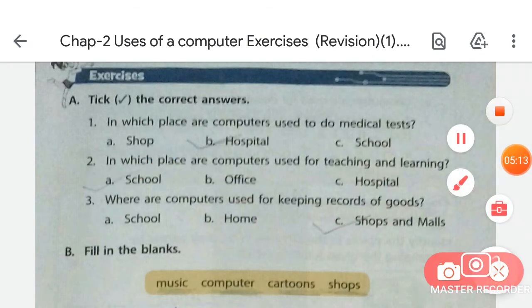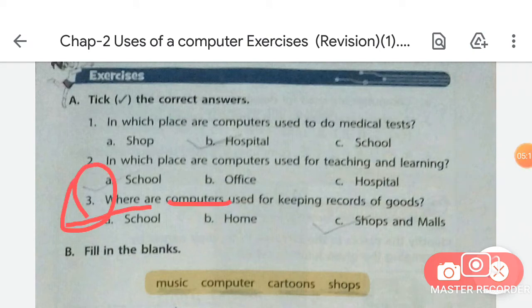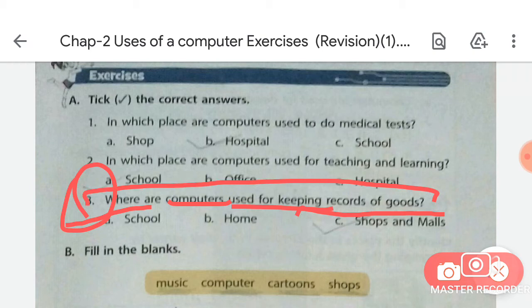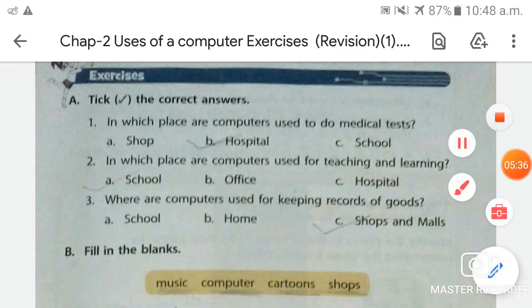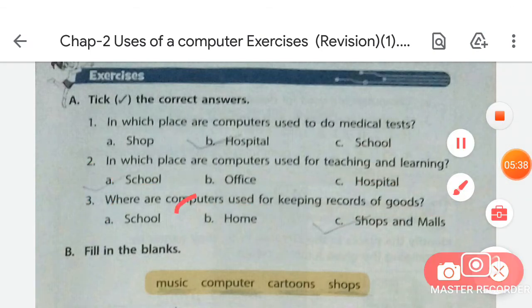Now move on to the third question, which is, where are computers used for keeping records of goods? Which is the place where computers are used for making and keeping records of the goods? Is it home?